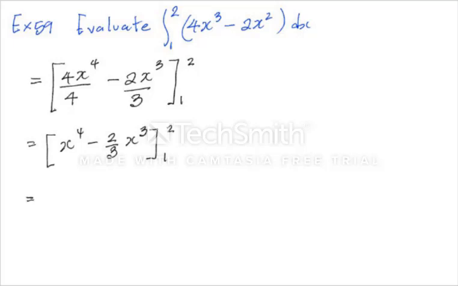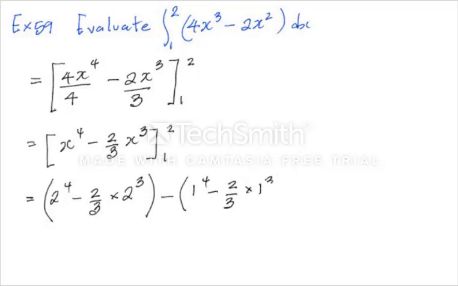So first, when x is 2, I'm going to get 2 to the 4th minus 2 over 3 times 2 cubed, minus when x is 1, I have 1 to the 4th minus 2 over 3 times 1 cubed. 2 to the 4th, I think, is 16.